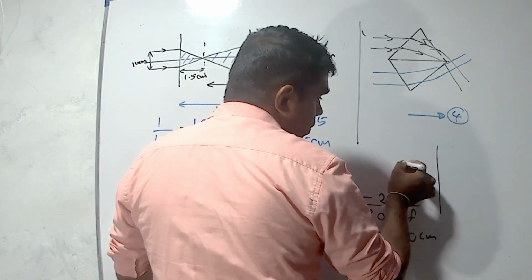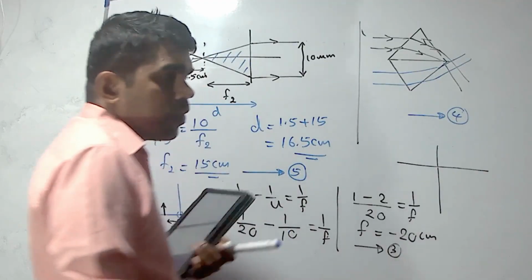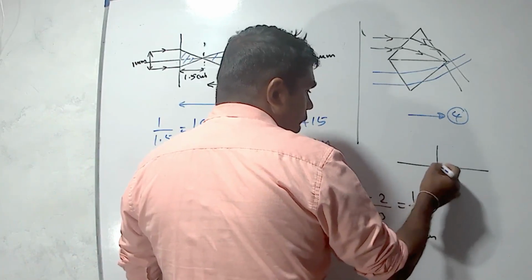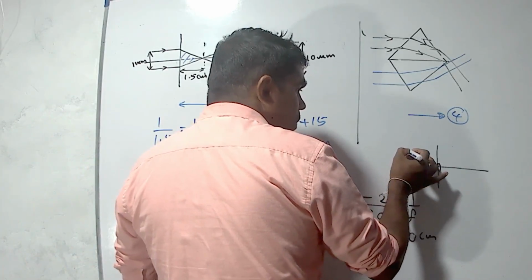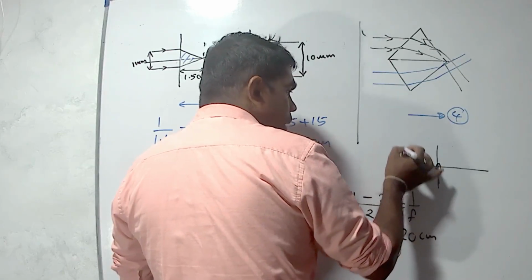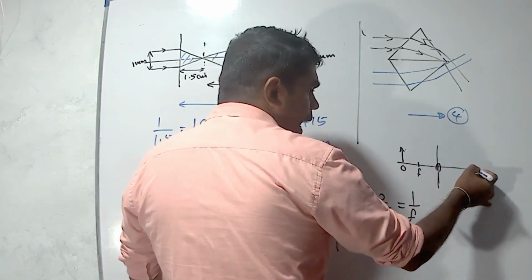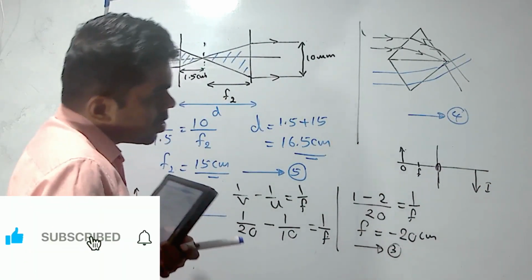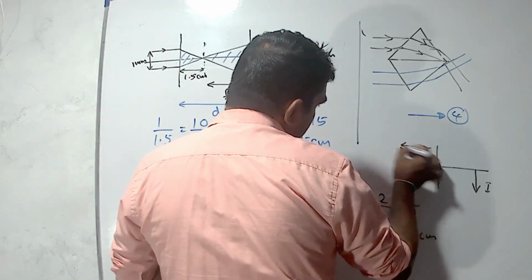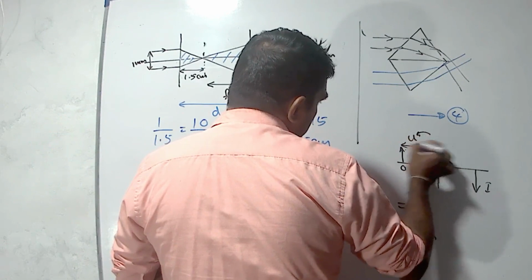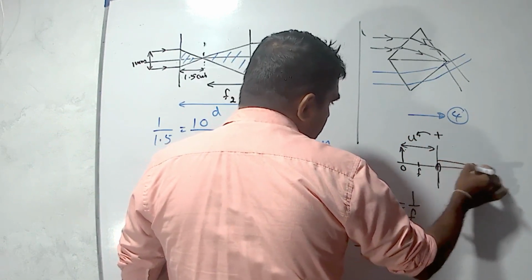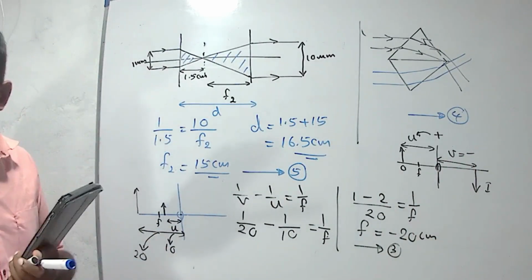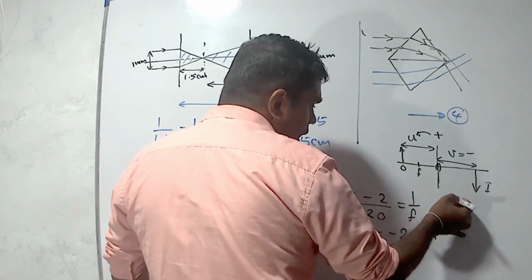For that situation, we can obtain an inverted image like this. Object distance should be greater than focal length. We can obtain an inverted image in this type. Therefore, object distance should be plus and image distance should be minus. We know the shape of the UV curve.